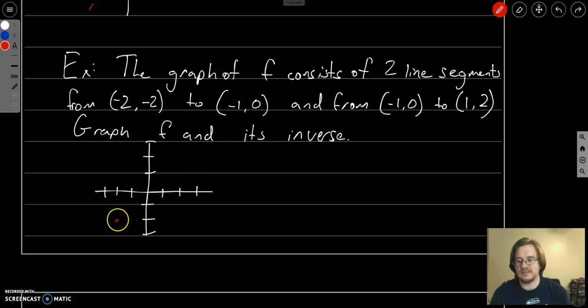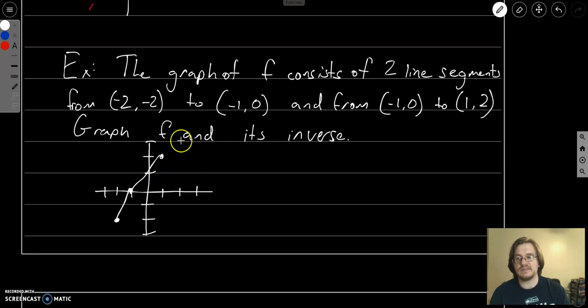So here is -2, -2, and here is -1, 0. So there is just a line segment going from one point to the other. And then going from -1, 0 to 1, 2. So 1, 2, there is the second point. So we've got 2 line segments.